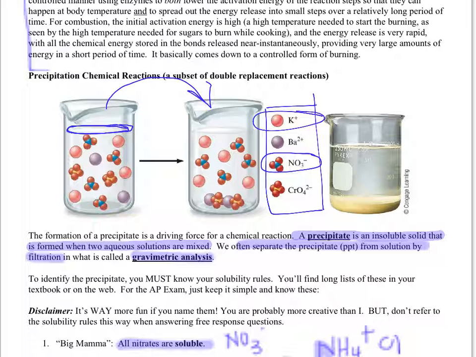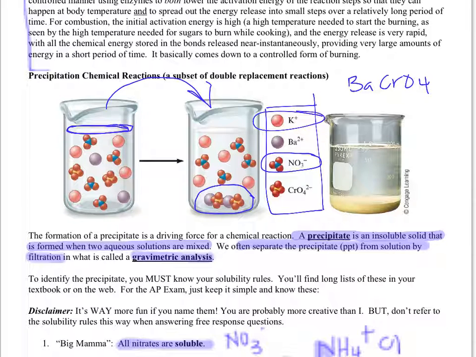Chromate is insoluble, and it's not one of the rules that you essentially have to memorize. I would roll with the rules that you see down below. But barium chromate, BaCrO4, is insoluble, and notice they form this solid. You see that they're chemically combined at the bottom.